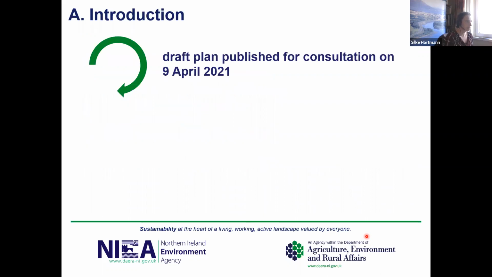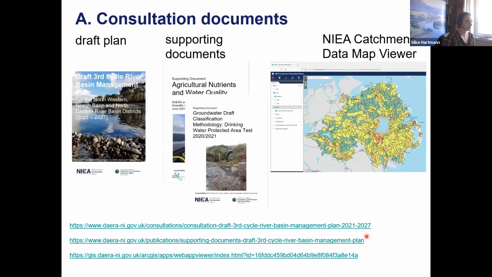So let's start then. Most of you will be aware that the draft River Basin Management Plan was published for consultation on the 9th of April this year. The consultation documents consist of three main sections. We have the draft plan document itself, which is accompanied by various supporting documents, and we also have the NIA Catchment data map viewer.